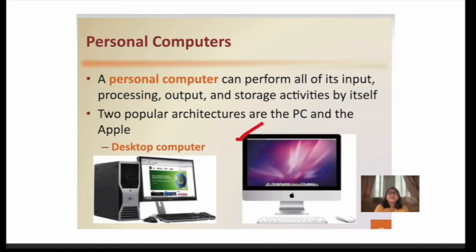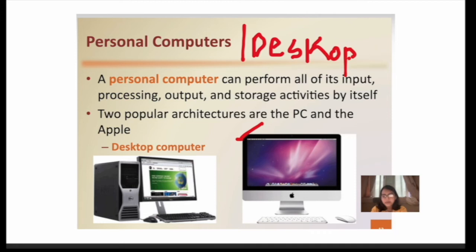A personal computer can perform all of its input, processing, output and storage activities by itself. So what are we usually using this computer for, students? It is for storing our data and sharing our information, and also we will get output from it.